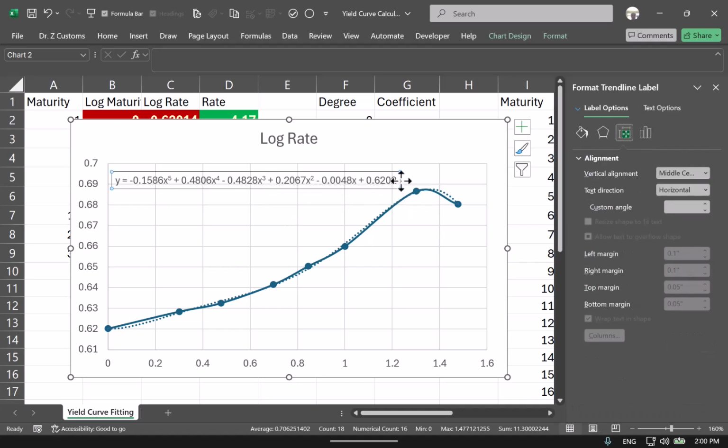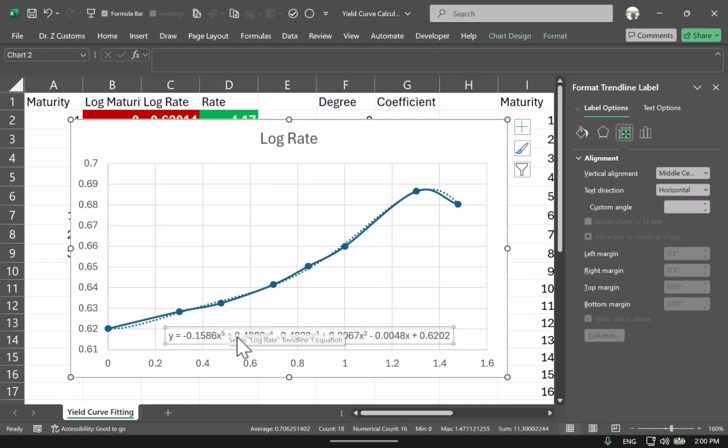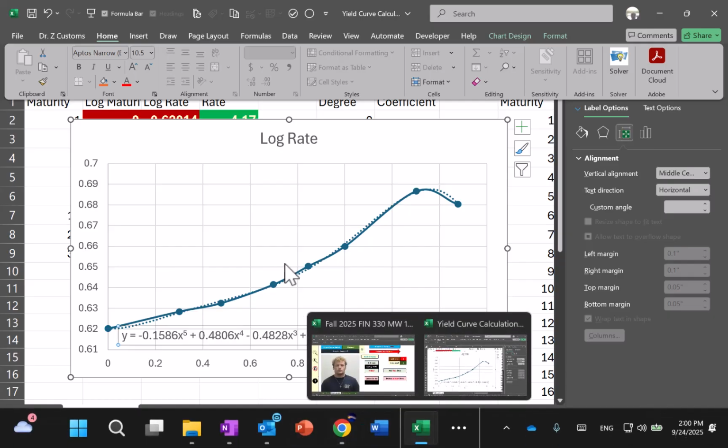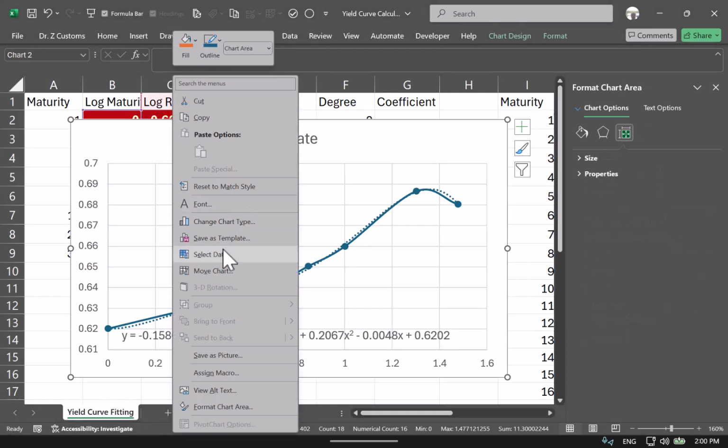Normally, I don't care too much, but I cannot control the precision of the numbers that are displayed. Let's go to, oh, move the charts.